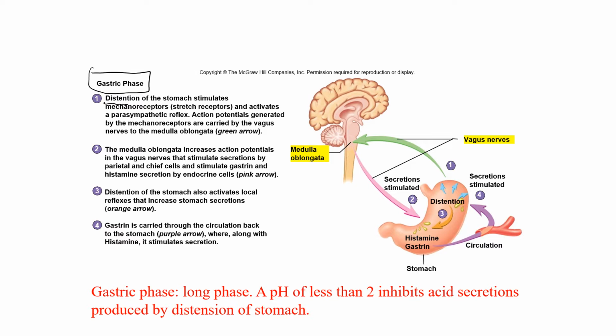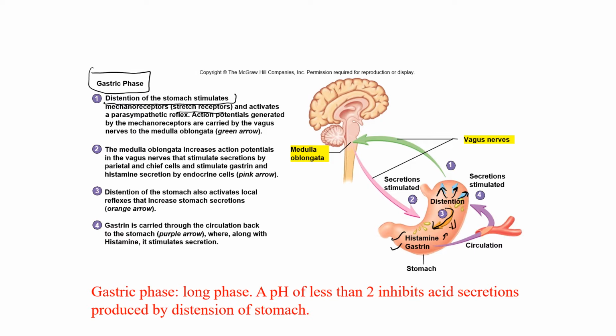When food arrives at the stomach, mechanoreceptors will be stimulated as the arriving food stretches the stomach. That stimulation is going to cause stimulation of the ENS neurons, which in turn will stimulate histamine and gastrin-producing cells, and will stimulate the myenteric plexus to begin peristalsis and segmentation.